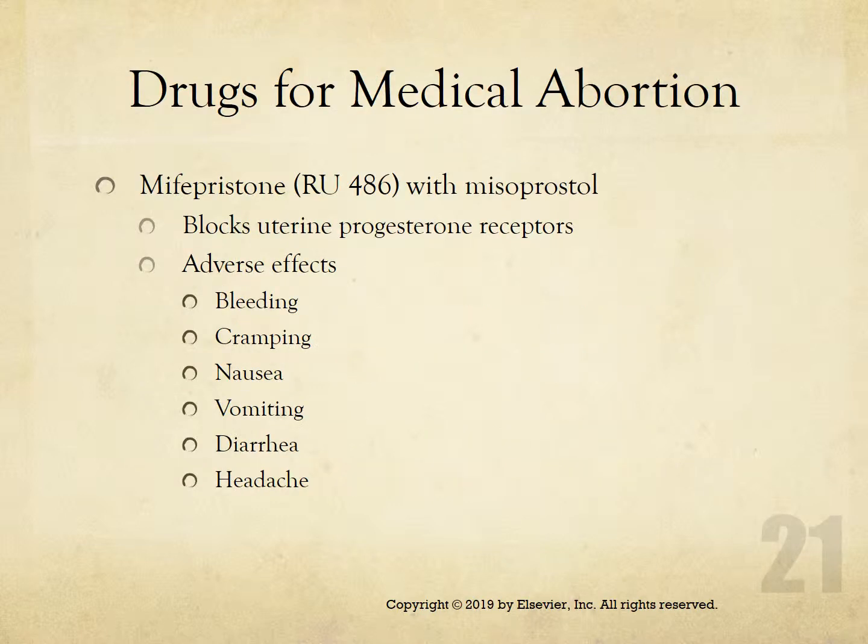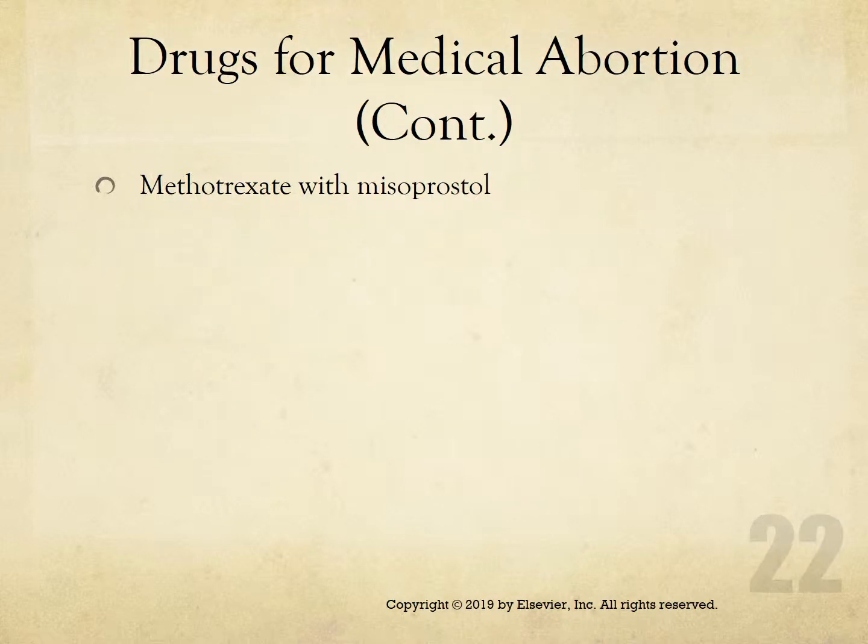Drugs for medical abortions. You have the RU486, and it blocks the uterine progesterone receptors to expel the fertilized egg, and you can have bleeding, cramping, nausea, vomiting, diarrhea, headaches with that method.